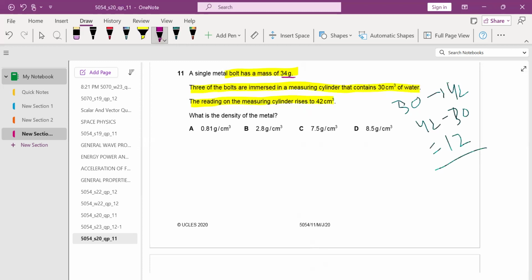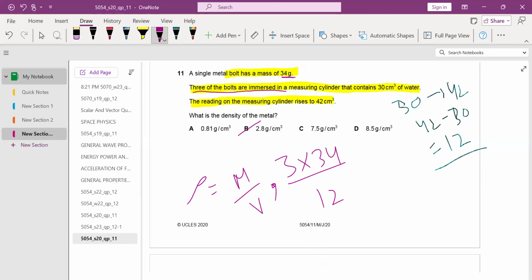And the mass was 34. Density formula is density equals mass divided by volume. So the volume is 12, mass is 34, and 3 balls were immersed into the measuring cylinder. 3 into 34 divided by 12. So you will get the density, which is 2.8.